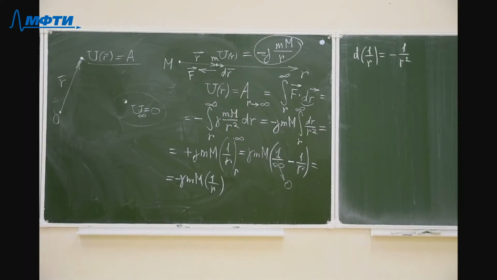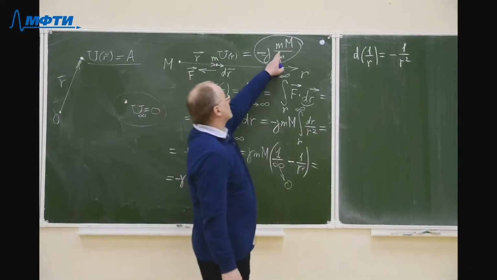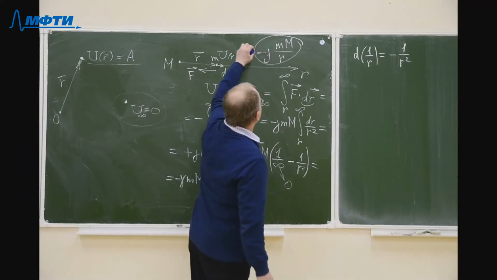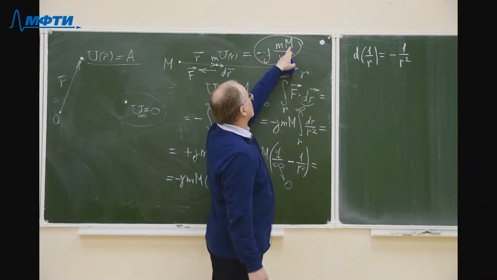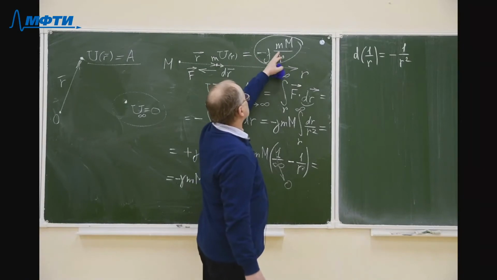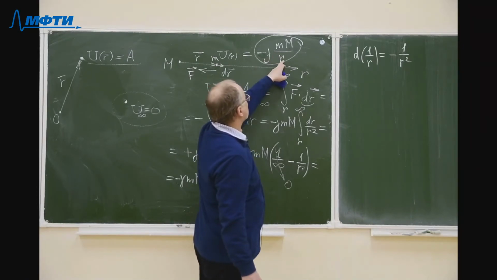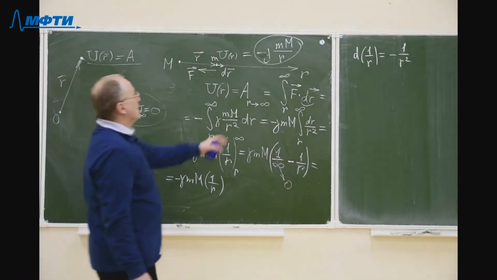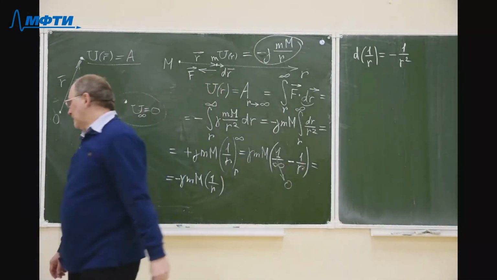Potential energy of mass m, small m, in the gravity field created by the large mass, capital M, and located at distance r from the central mass. The potential energy is negative.